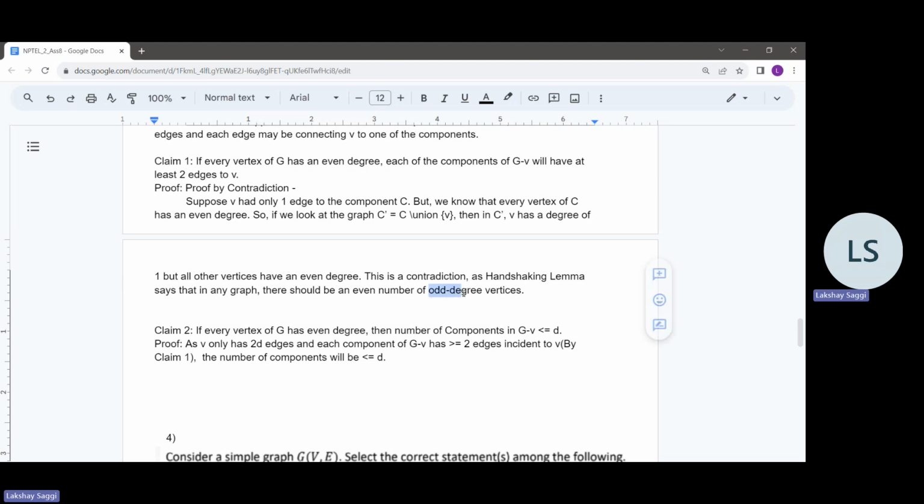But we see that in this graph C prime, only V has an odd degree, which is degree 1. But all other vertices have an even degree. So the number of odd degree vertices in C prime is 1, which is V, which is not possible by the handshaking lemma because there should be an even number of odd degree vertices. So this is why we obtain a contradiction.